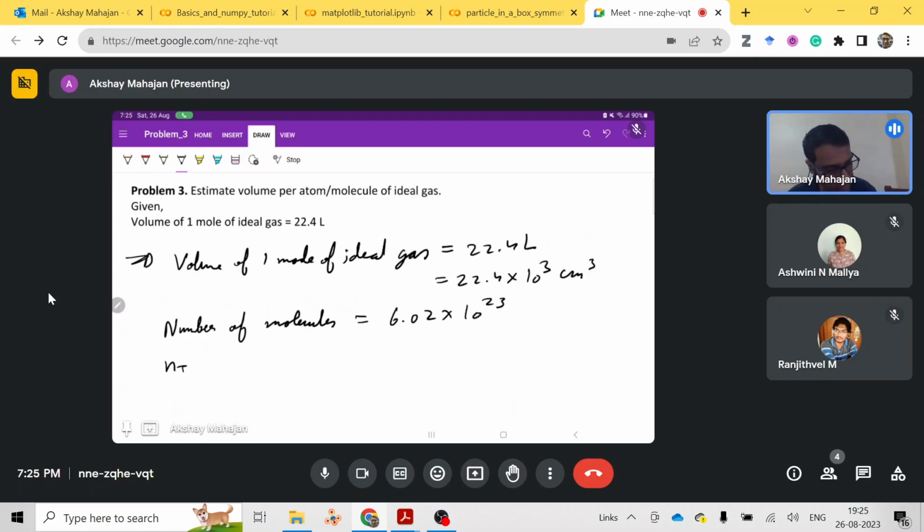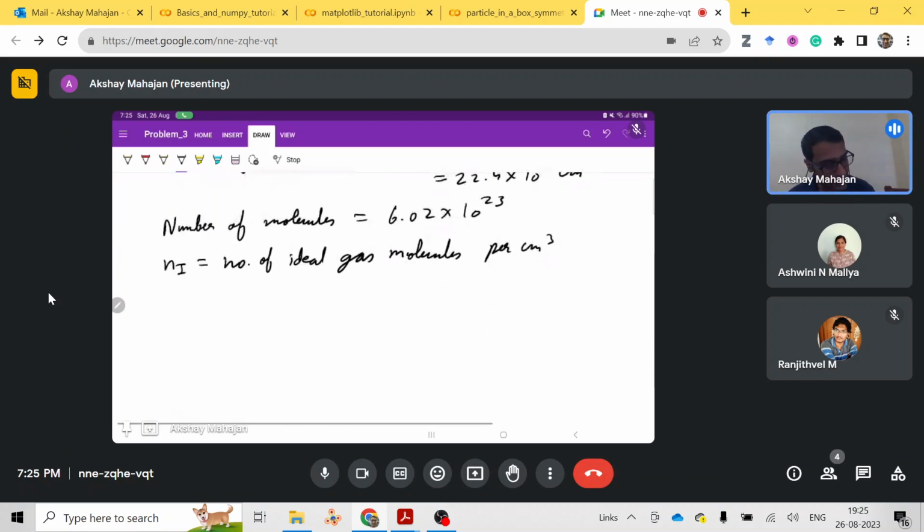Now n_i will be the number of ideal gas molecules or atoms per centimeter cube. So we need to find the total number per centimeter cube.